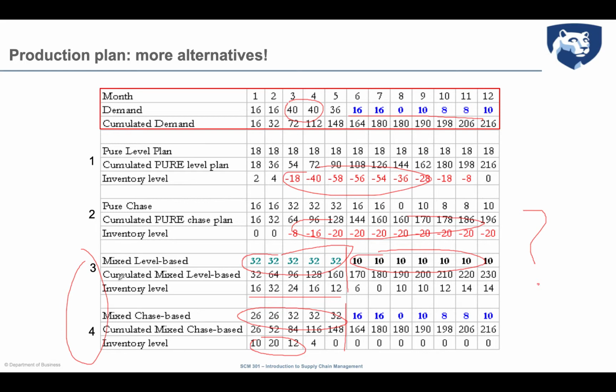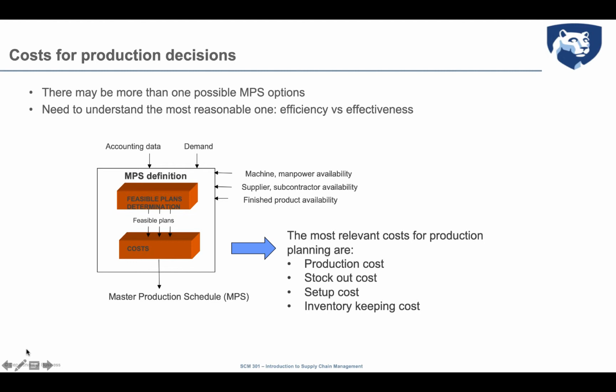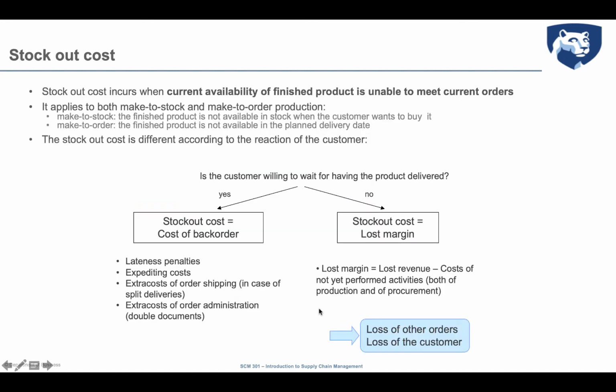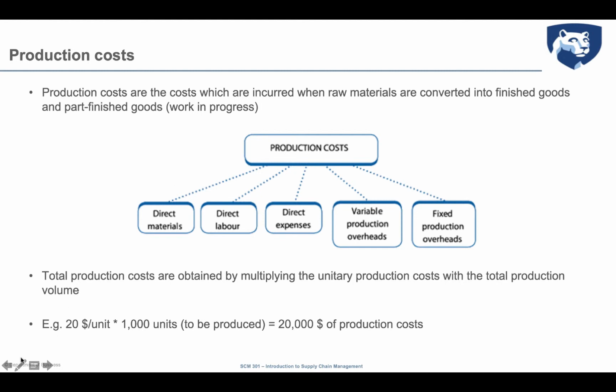The economic evaluation is based on what? It's based on this type of cost. So you have to evaluate the production cost, the stock out cost, the setup cost, and the inventory keeping cost associated to each plan. How to calculate this type of cost? The production costs are the costs associated to producing the product. In particular, we have discussed the fact that usually in the production cost for evaluating production plans, fixed costs are usually excluded because fixed costs are paid independently of the type of production plan we are implementing.